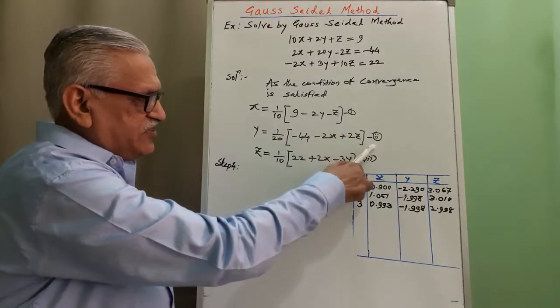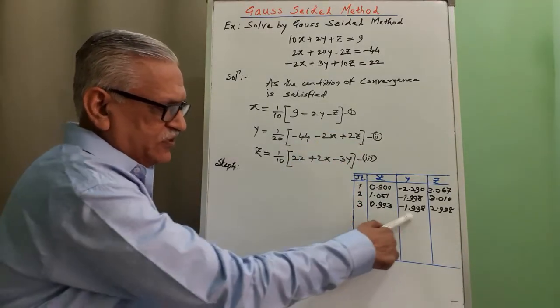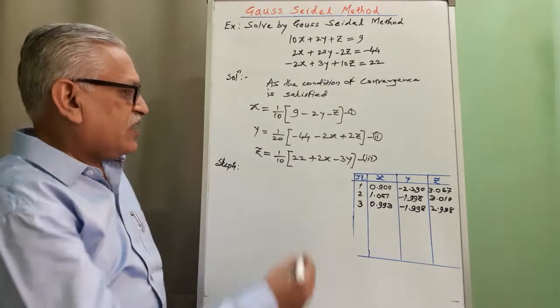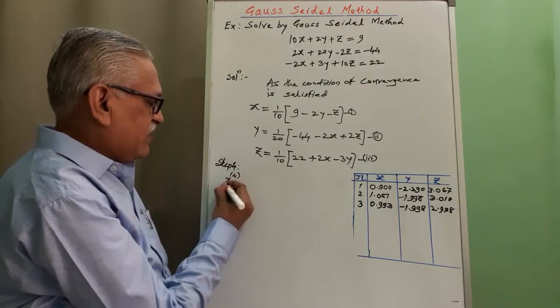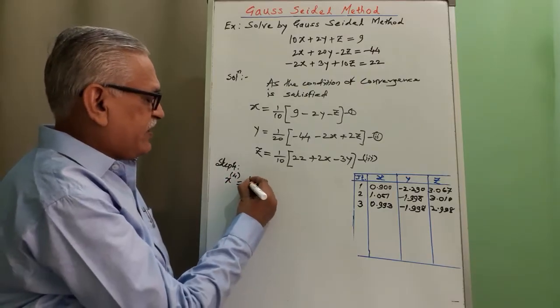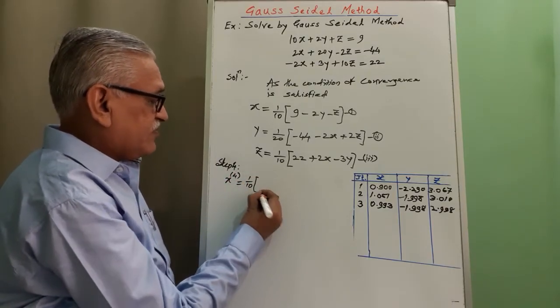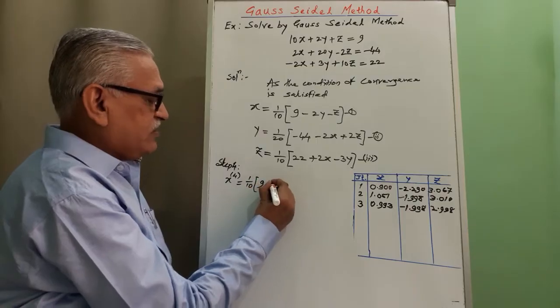Once again applying the same 3 equations by substituting the latest values, we get the x4 new value as 1 by 10 times 9 minus 2y.